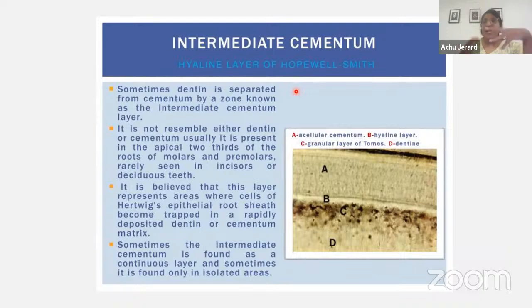It is believed to be the portion where the remnants of the epithelial root sheath remain, and it is not seen all along the cemental portion, but in certain areas. So this is what is called intermediate cementum. The other name for it is the hyaline layer of Hopewell-Smith.